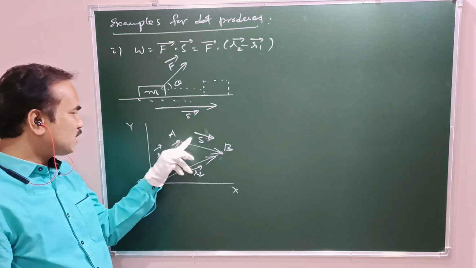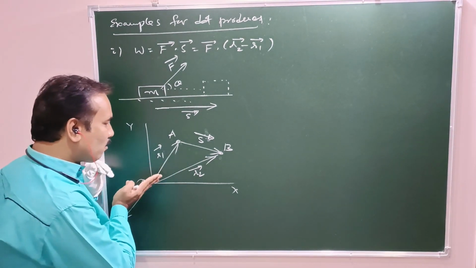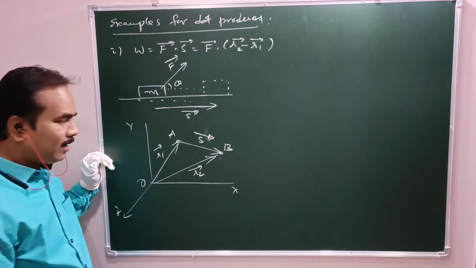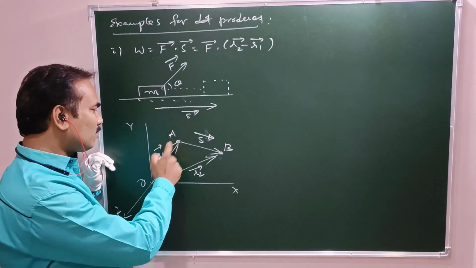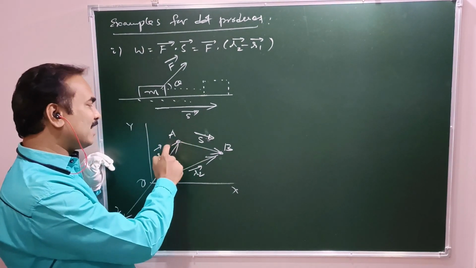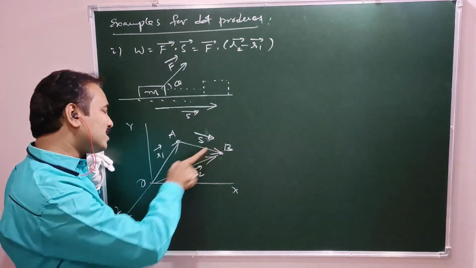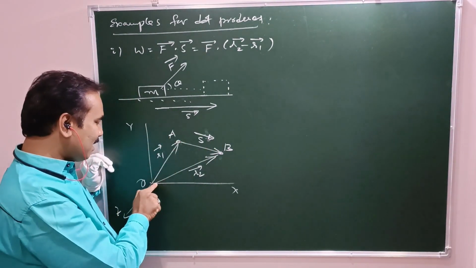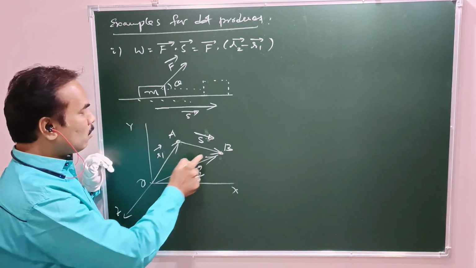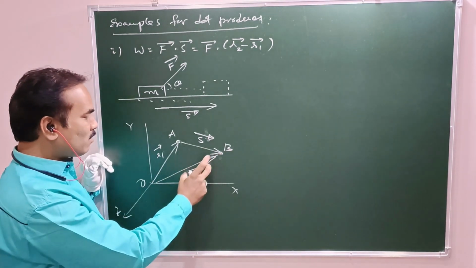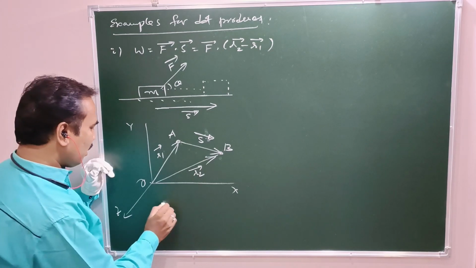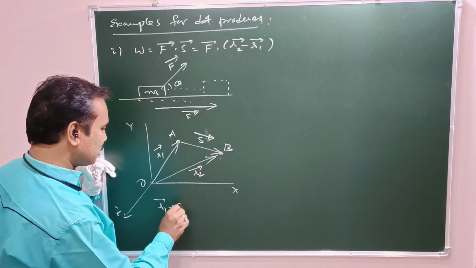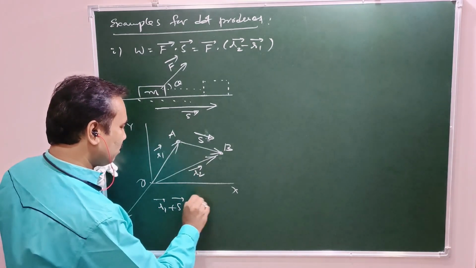So R1 bar plus S bar is mathematically equal to R2 bar, as per the triangle law of addition. These two are taken as adjacent sides in the same order, then the closing side, taken in the reverse order, is from the tail of R1 bar to the head of S bar. This is R2 bar. Therefore, R1 bar plus S bar equals R2 bar.